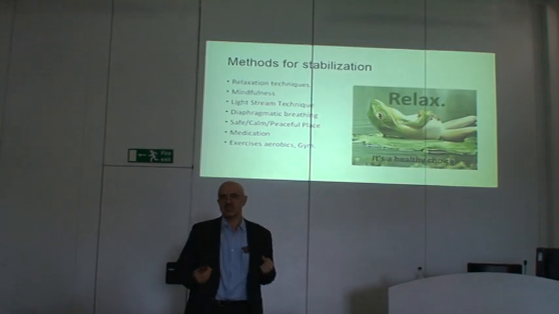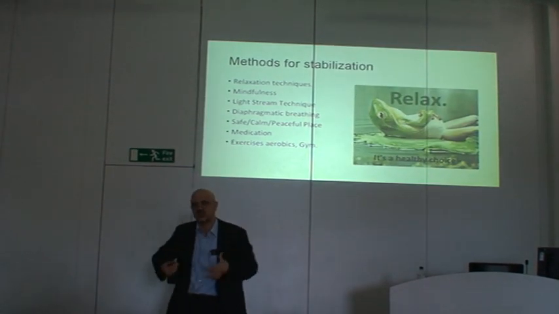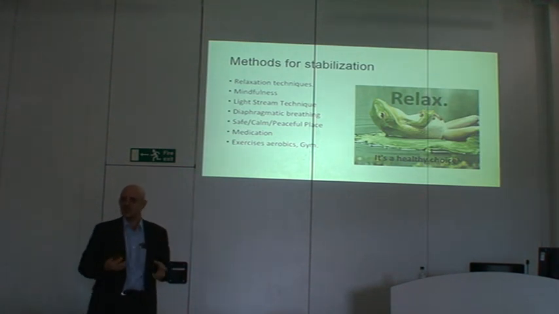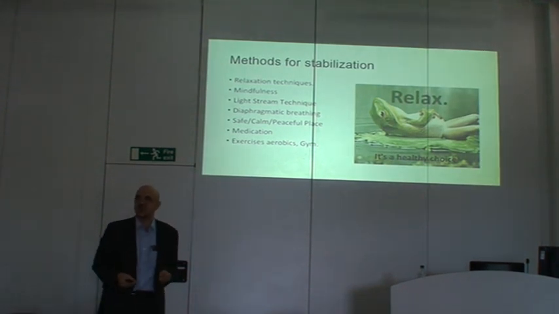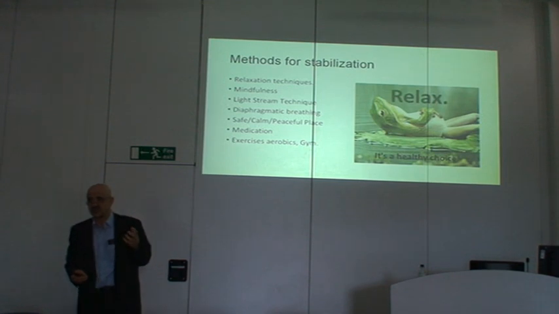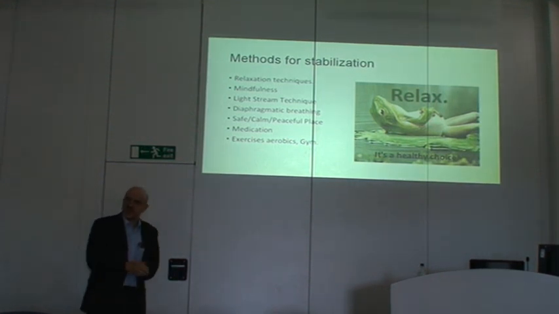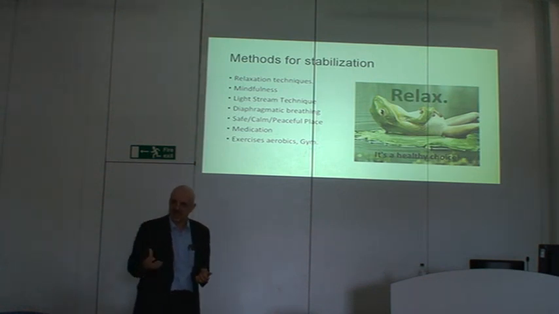It is a very important tool, particularly as anxiety is a major issue, because people continue in the fight-flight situation, and it is important to stimulate the parasympathetic system to help people relax. We have other techniques like the light stream technique, particularly with people who come with pains and aches.